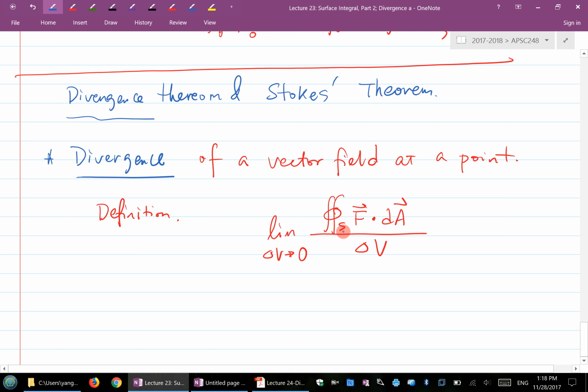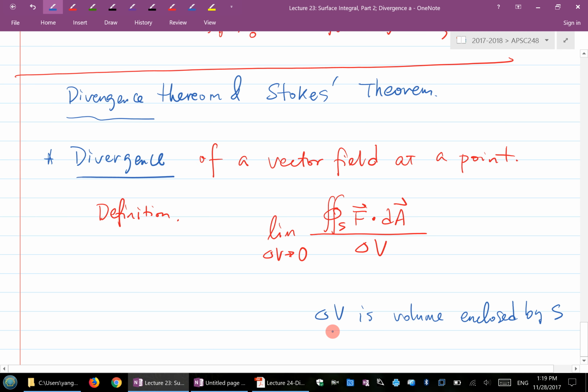This symbol basically means you're calculating the surface integral, or the net flux, through this closed surface S inside this vector field F. And delta V is the volume enclosed by S. So you have a closed surface S, and the volume enclosed by this surface is indicated with delta V.